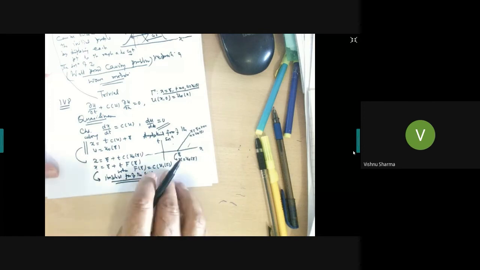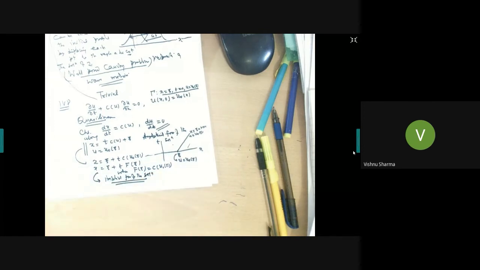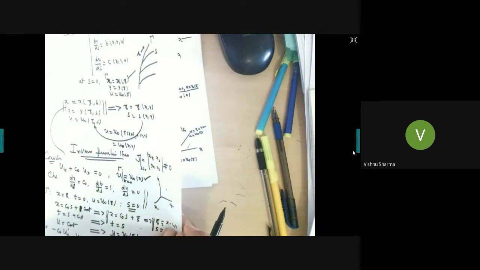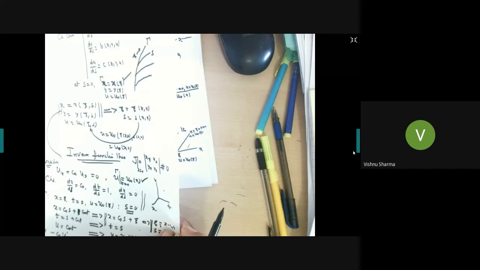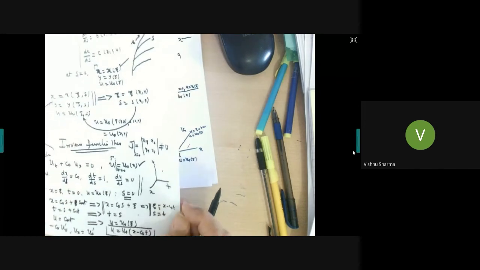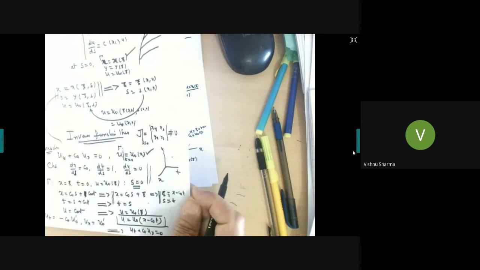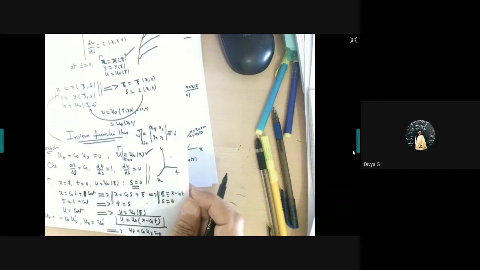If you remember, in the linear case, it was very simple. In the linear case, absolutely it was so simple that it turned out to be a very simple case, right? ξ is equal to x minus c0 t. Do you notice? Linear case.